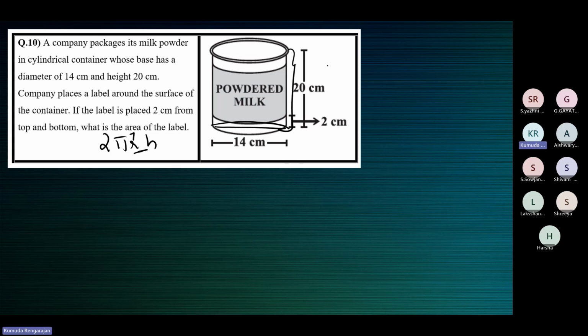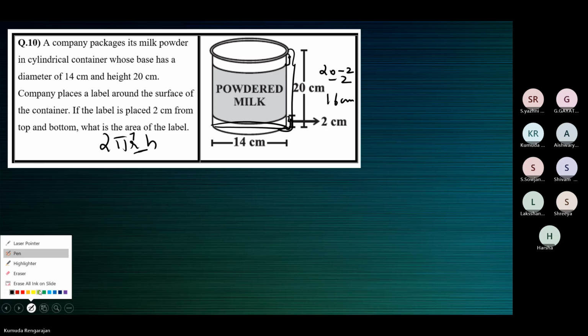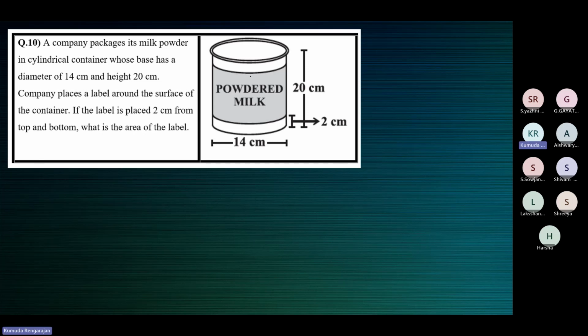The height of the cylinder is 20 centimeters, but the height of the label is only 16 centimeters, because it's placed in such a way that there is a gap of 2 centimeters from the top and bottom.